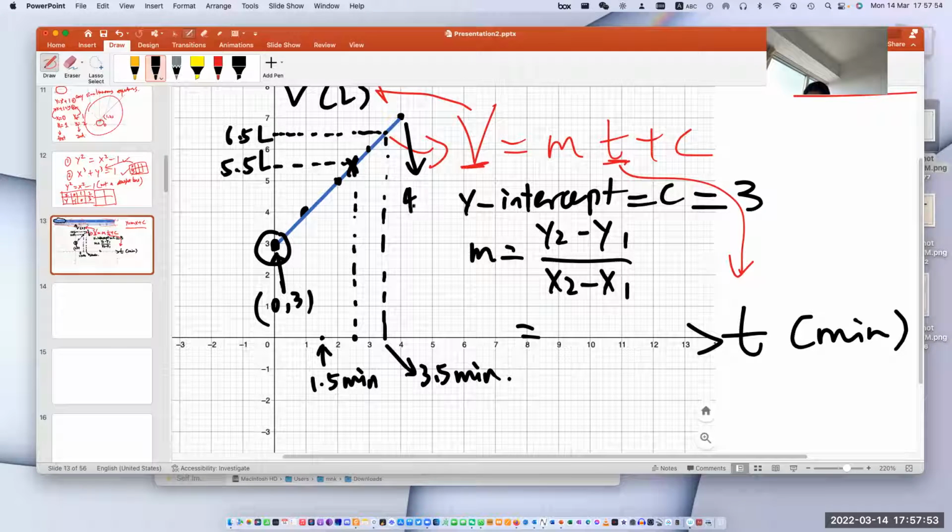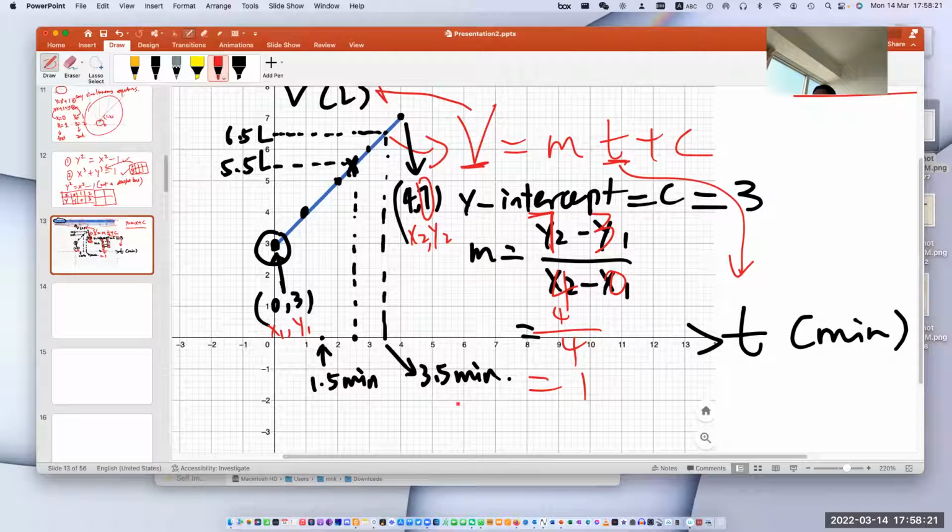So I just replace. This is my x2, y2, by the way. This is my x1, y1. So this is 7, this is 3, this is 4, this is 0. So what you have? 7 minus 3, 4. 4 minus 0, 4. 4 divided by 4, 1. Done. The gradient is 1.